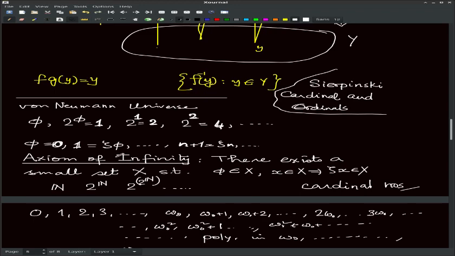But then, is it the same Sierpinski who wrote differential geometry textbooks? Yes, Vaclav Sierpinski.